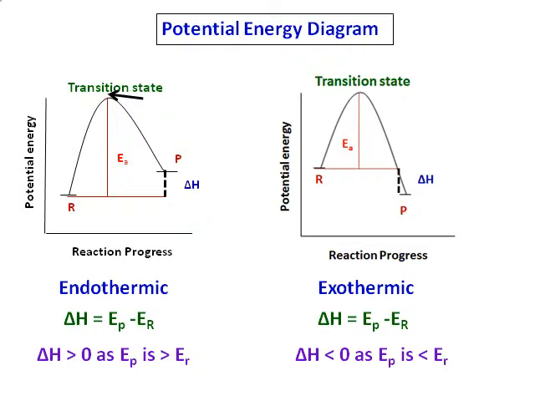It's a hill, before it reaches the product. And the speed of the reaction also depends on the activation energy. If a reaction has a higher activation energy, it will be slow. If a reaction has a lower activation energy, it will cross the hill faster and it will be fast.